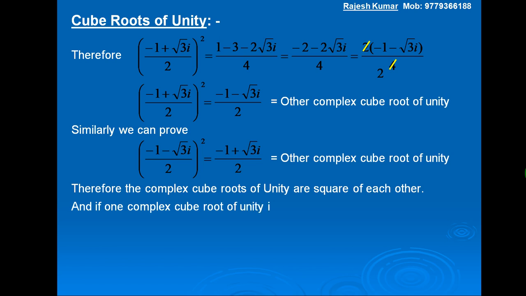And if one complex cube root of unity is omega, then the other complex cube root of unity will be omega square.